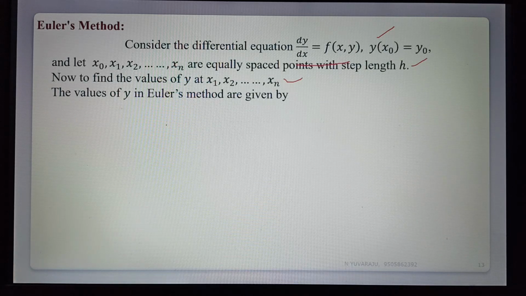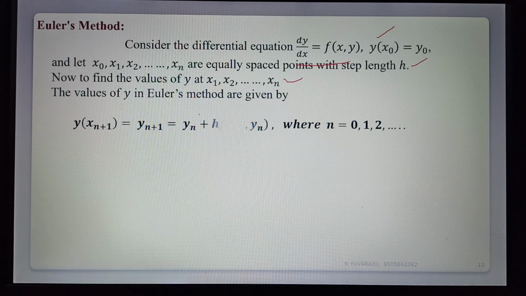to find the y value in Euler's method is given by y of xn plus 1, that is yn plus 1, is equal to yn plus h into f of xn comma yn. This is Euler's formula for finding the remaining approximate values y1, y2, y3 and so on. Here we substitute n equal to 0, 1, 2, 3 and so on.